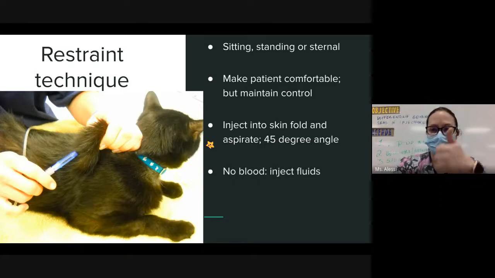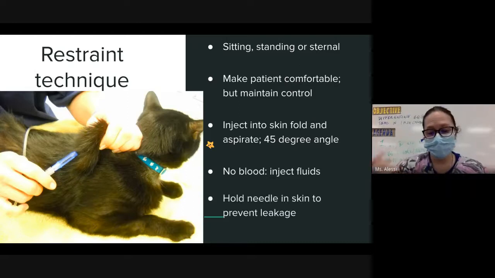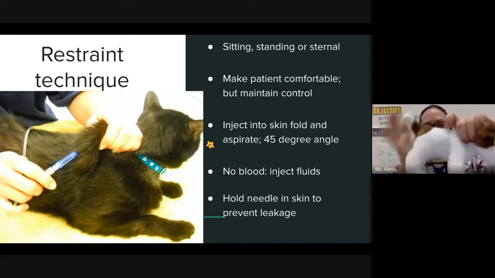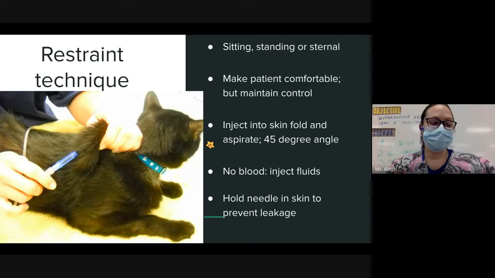If there's no blood, you're good, and then you can inject your fluids or whatever that medication is. Definitely hold that needle in the skin to prevent leakage. After you've removed it, you're going to pinch that skin tight to assist it as it's clotting.